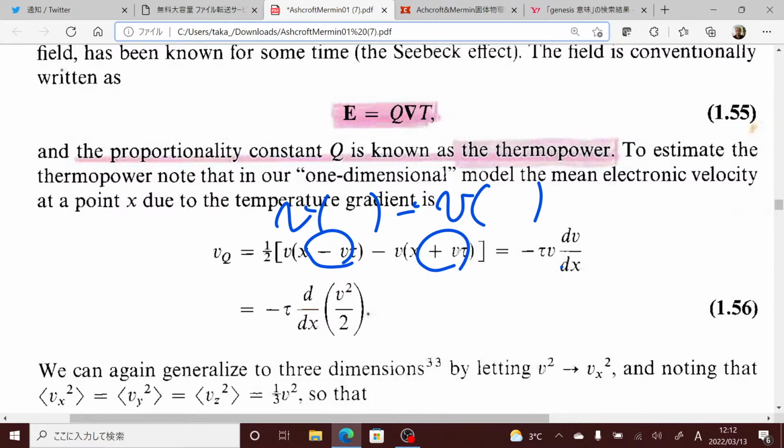So we have this τ v, which is minus τ d/dx of v squared over 2.